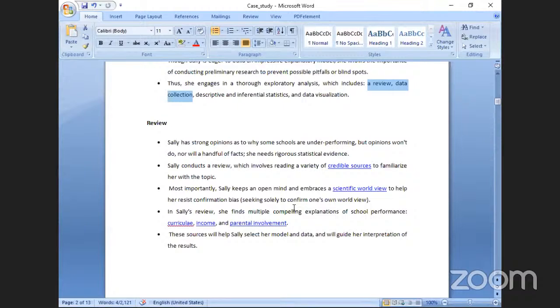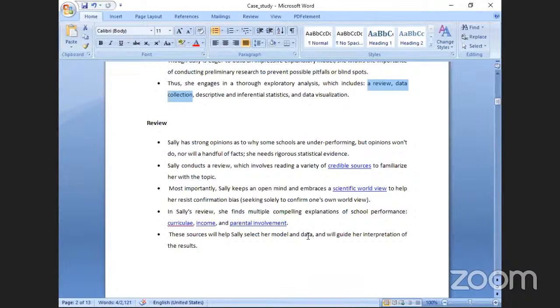So that's why she conducts a complete review in order to understand what the existing problem is, as well as to become familiar with that particular case. And further, she also tries to look into a wider set of cases based on their income, their parental involvement, and their curricula.